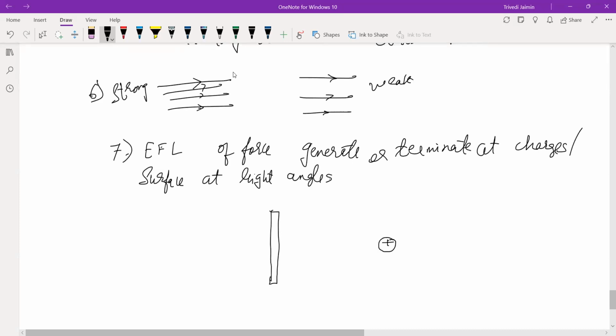That means if these are some negative charges and this is a positive charge, it will attract some negative charges from here.